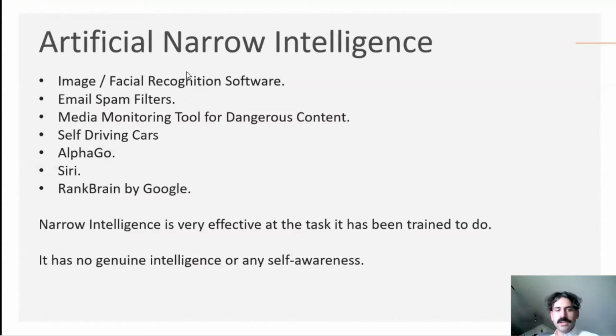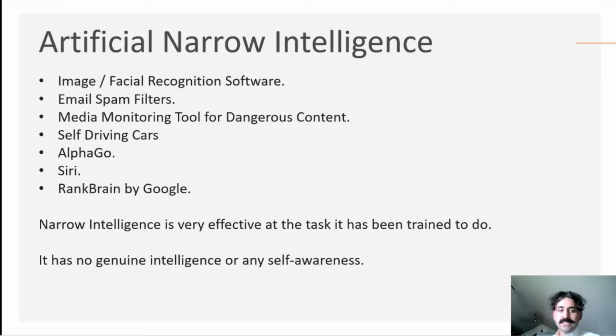So narrow intelligence includes image and facial recognition software, email spam filters, and media monitoring, which is for social media, if people are saying dangerous content, if there's poor imagery, or if people are bullying each other, you're able to pick up on that. Self-driving cars, even, which sounds more than narrow, but in reality, it's only been trained to do that one specific thing, and all the data it's been given until that point is only for that.